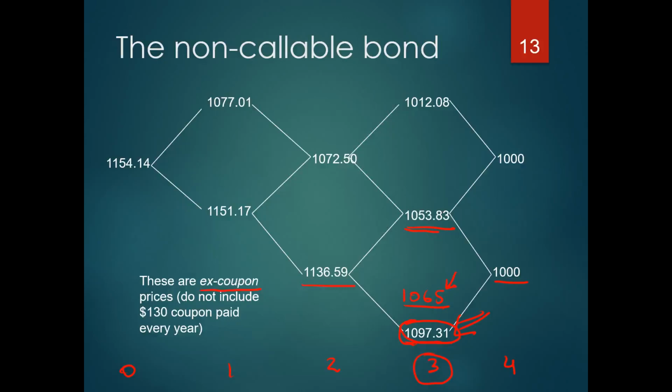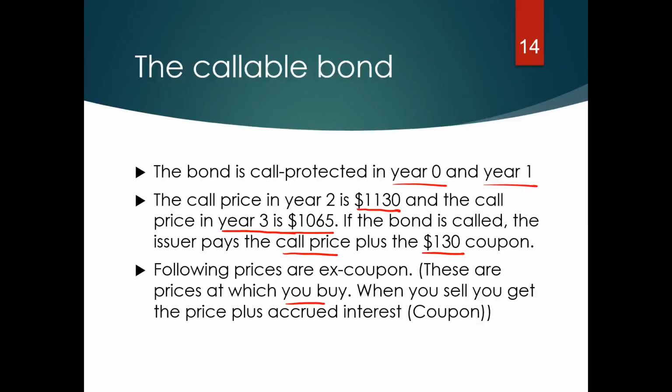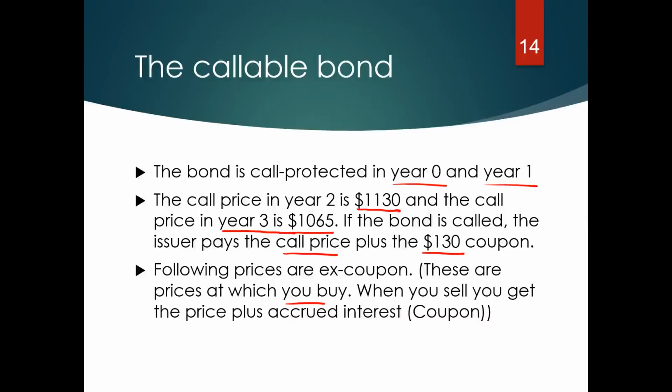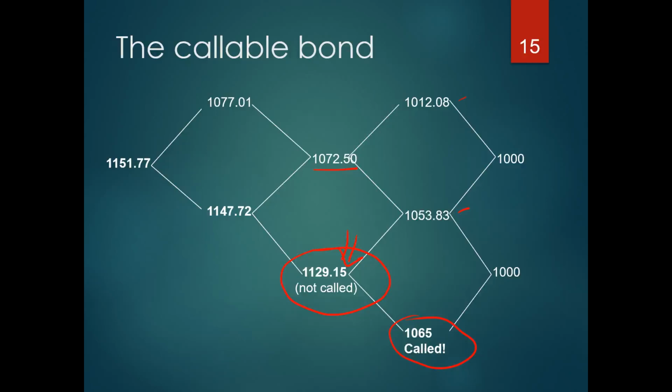So in that case, you would have said, oh, the call price in year 2 is 1130. So if you don't compute the proper price, you would have gone here and said, oh, it should be called. But no, that's not the case, because since you called it here, you paid a lower price. That means that overall this price is going to be lower. And after computing it from synthetic replication, we realize that yes, it's lower.